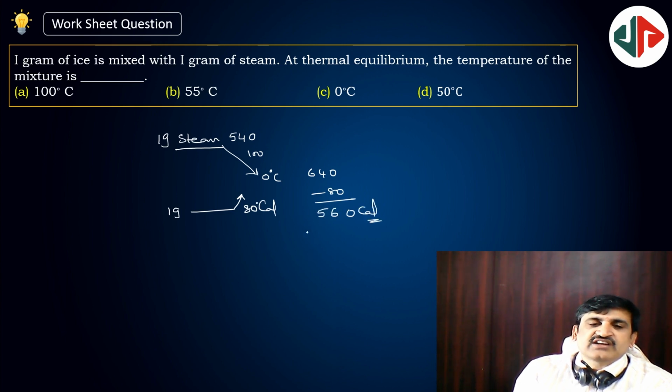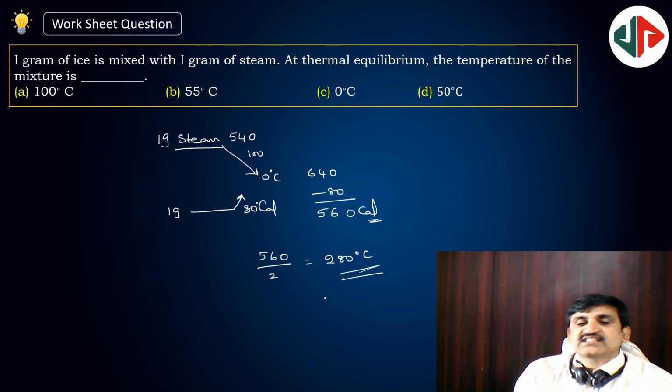This 560 calories should be shared by the 2 grams. So 560 calories by 2 grams will give 280, which means 280 calories is with it. For every calorie, 1 degree will be raised.